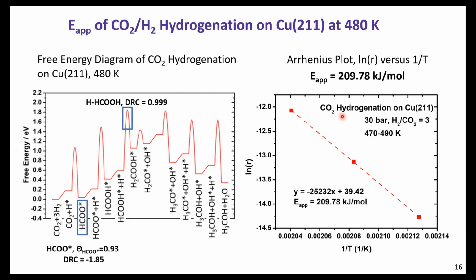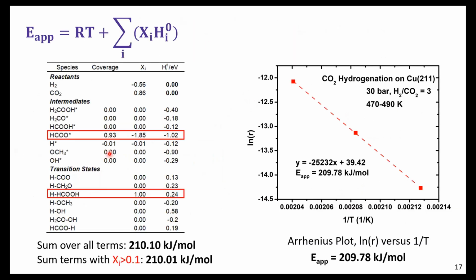The Arrhenius plot gives E apparent equals 209.78 kilojoules per mole. In this table, I have the DRCs and the enthalpies of species. We can plug all these species into this equation. It gives 210. But this is not necessary. You can just plug these 2 species into the equation. It gives almost the same result. And both of these two numbers are very close to the number from the Arrhenius plot.